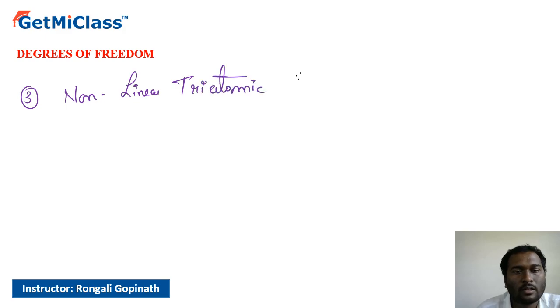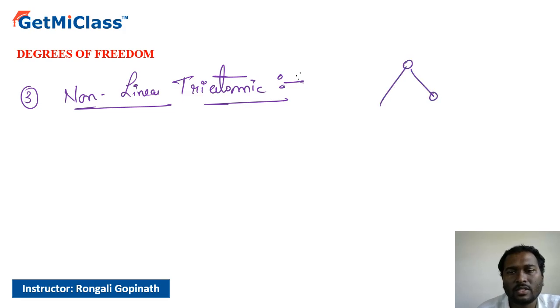The third molecule that we have is non-linear triatomic molecule. Non-linear triatomic molecule means it basically looks somewhat like this, right? So for any molecule, 3 translational are important. It has 3 translational, that is fine. Let's see about rotational.